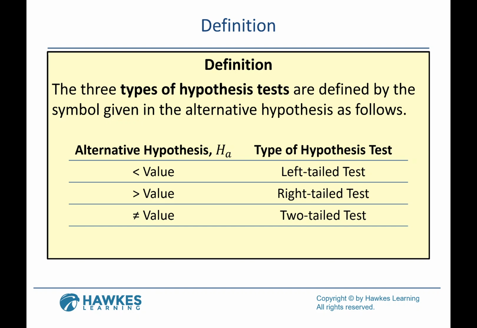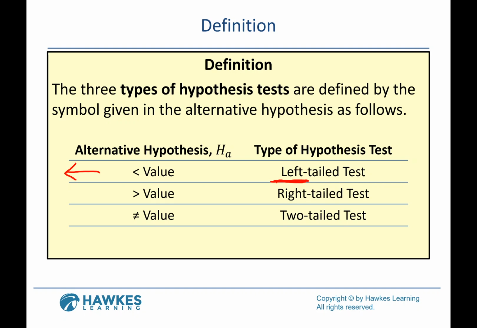If we have a less than symbol, you can think about that as an arrow that points to the left. So that means we're doing a left-tailed test. All that means is we'll be working over on the left side of our distribution curve.